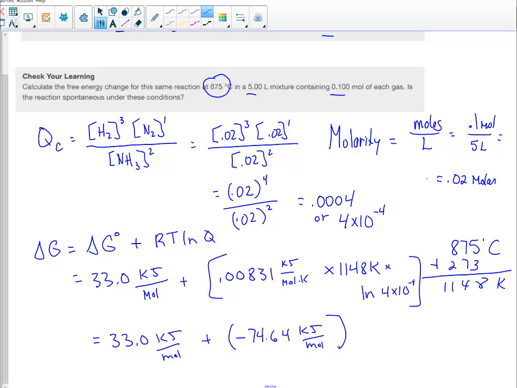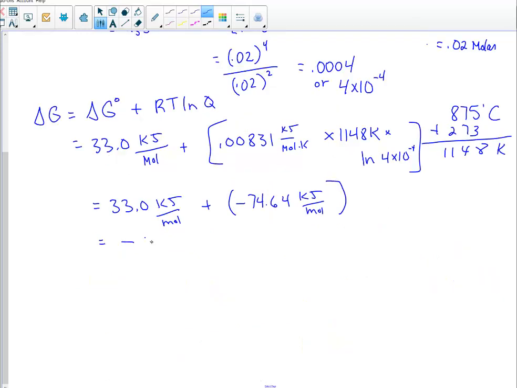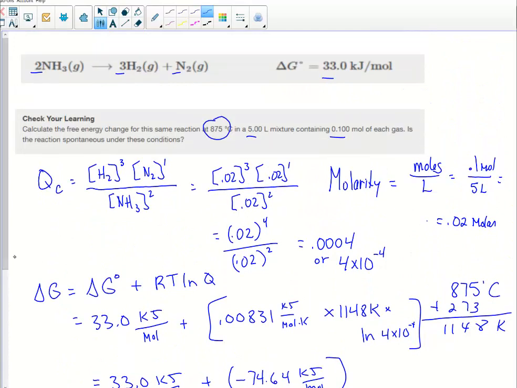Add that to 33, and overall we have a negative 41.64 kilojoules per mole for this reaction. Now you can see with these particular conditions, the reaction is spontaneous in the forward direction. At a very, very high temperature, the reaction became spontaneous. How did you do? Did you work that one through correctly? I bet you did. I'm proud of you.